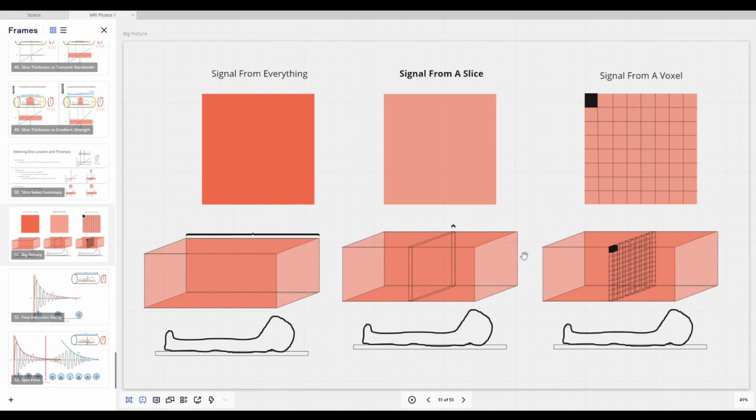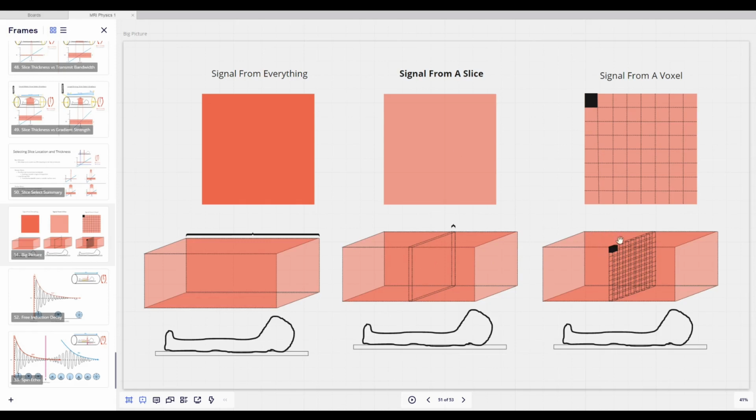So this is what we've got to now. The next part, which I'm not going to get into today, because we're already at almost 8:30 here, is cutting this further into pieces to actually get our individual pixels. So taking our slice and creating voxels with it, or 3D pixels.